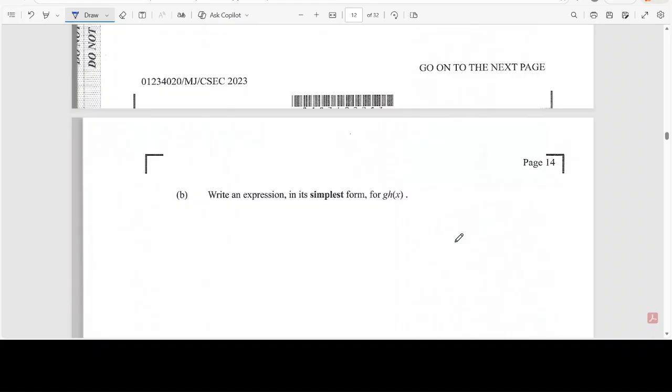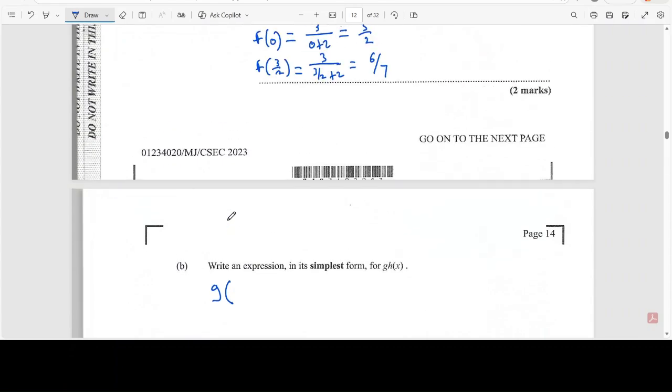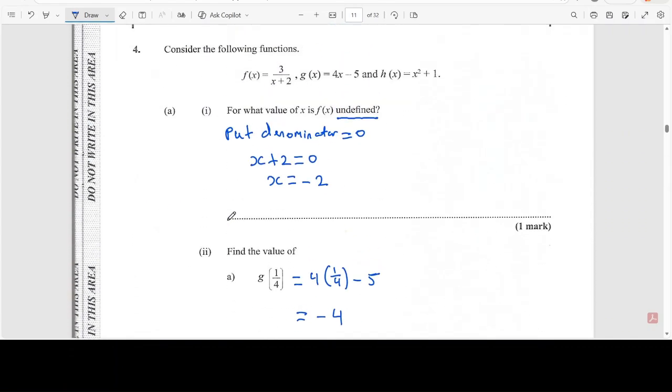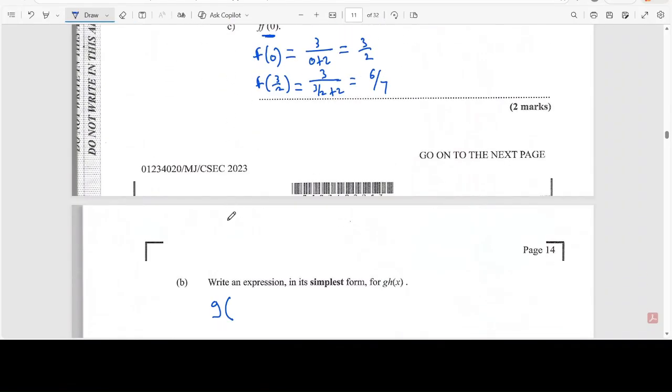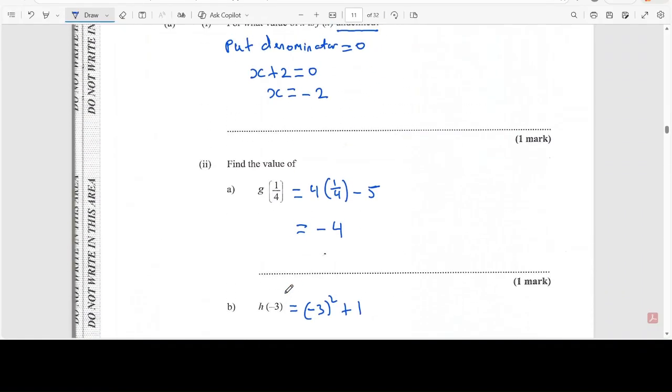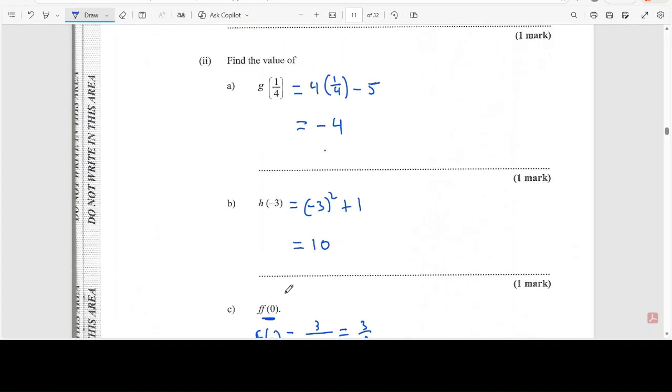Right, an expression in its simplest form for g of h of x. So g of h of x, you're going to put the h of x function into g. So what is the h of x function? It is x squared plus 1, and the g function is which one again? 4x take away 5.